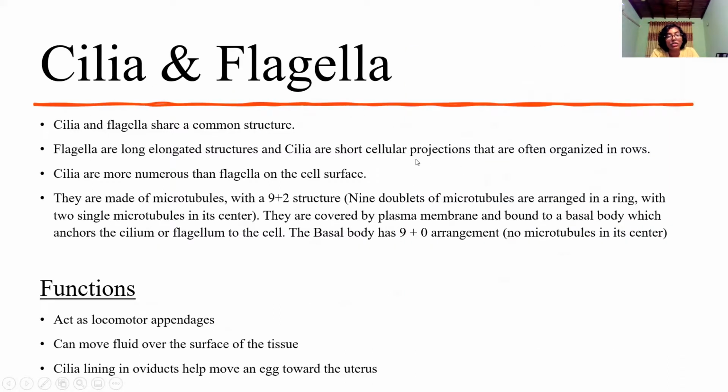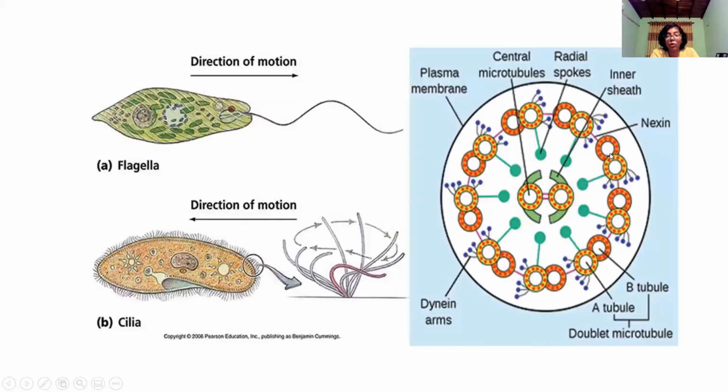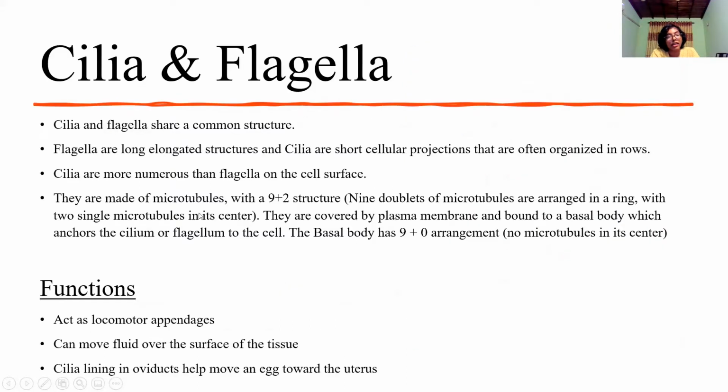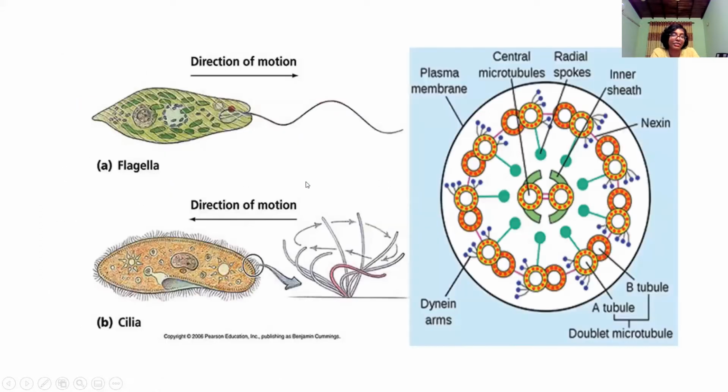And also cilia are often organized in rows. You can see they are organized in rows. Cilia are more numerous than flagella on the cell surface. Of course, here you can see only one flagellum, but here you can see numerous cilia.